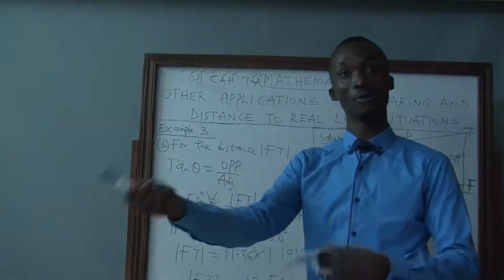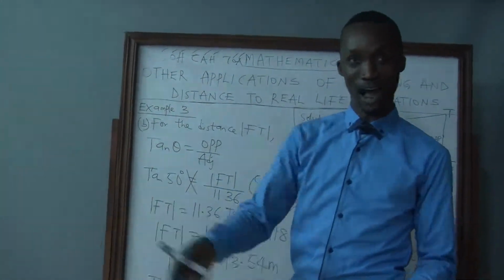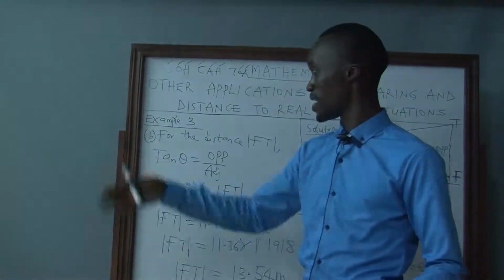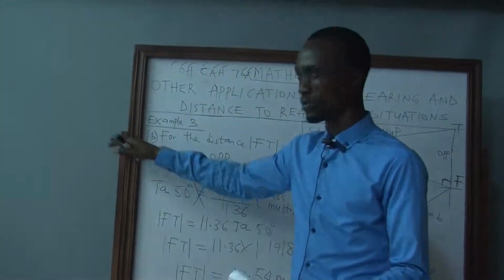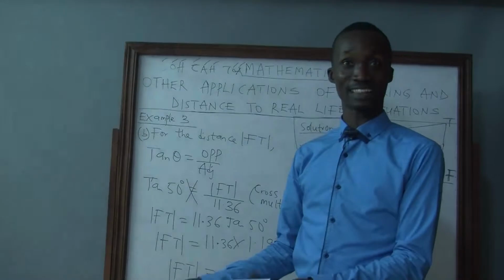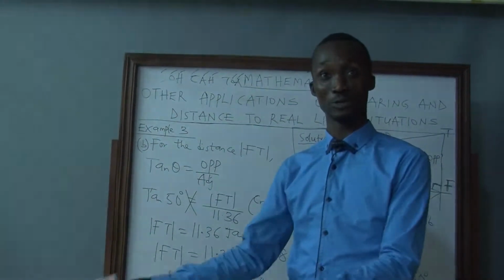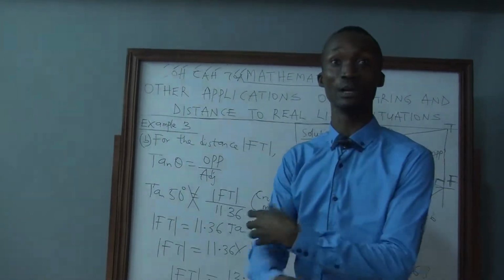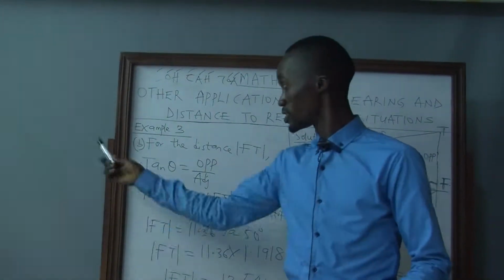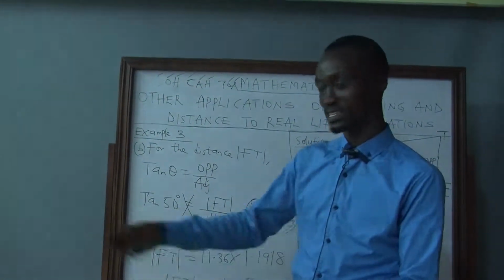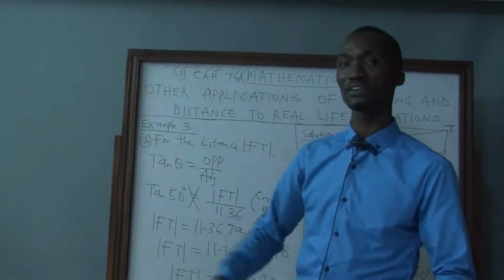Even at times we joke with our friends and make jest of them that you don't know your bearing. So knowing your bearing is very important. We use that at times in English when we have students that don't even know what they want to do, that they don't even know the next thing to do in their life. We tell them that you don't know your bearing. So bearing, we come across it in everything we do.